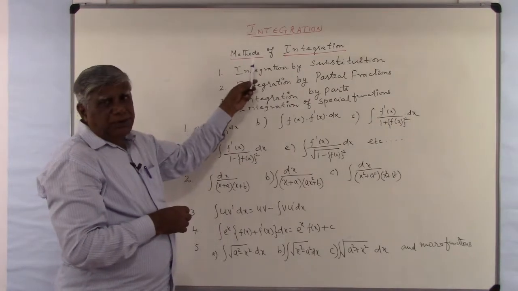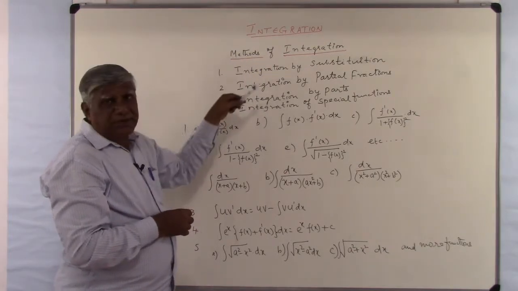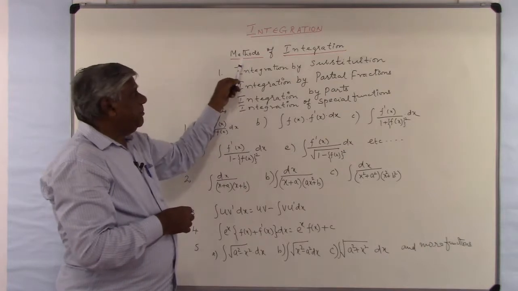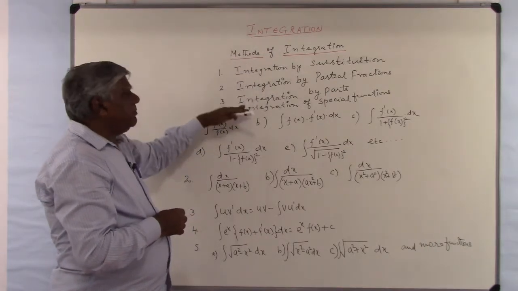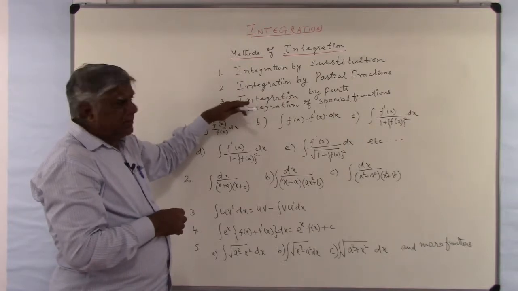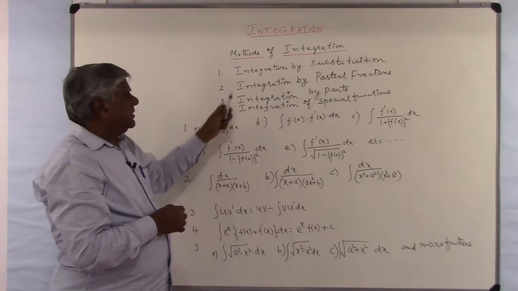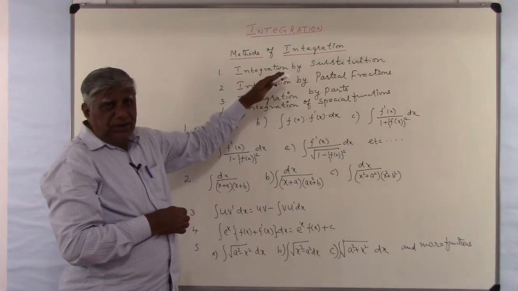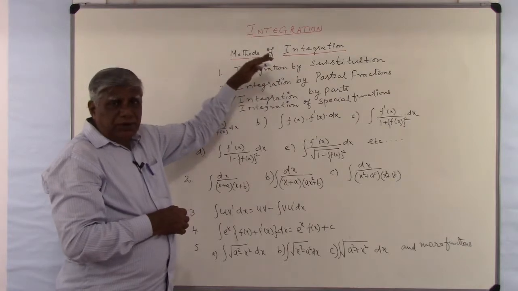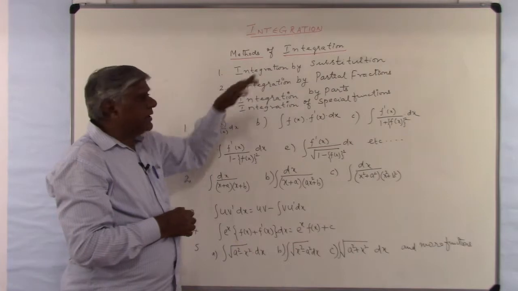Now we have seen what is integration and what are the properties of integration. Now, methods of integration. There are a number of methods. Out of these, we have selected 4 methods. First is integration by substitution, which is one of the fundamental methods of doing integration.